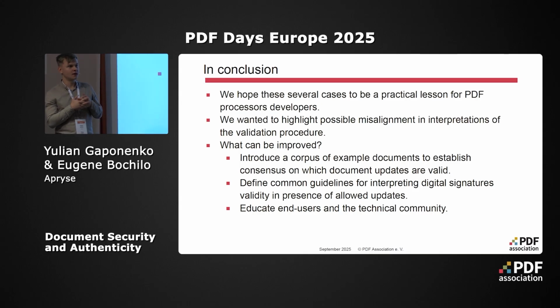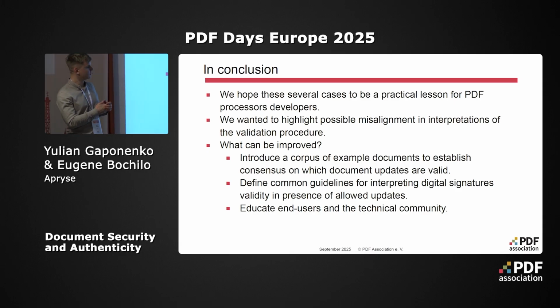You can add any information you want in the document. Of course, it won't be seen on the page, but it will be inside the document. My understanding is that this happens because those rules, what can actually be done with the document in those incremental updates, are not described precisely.